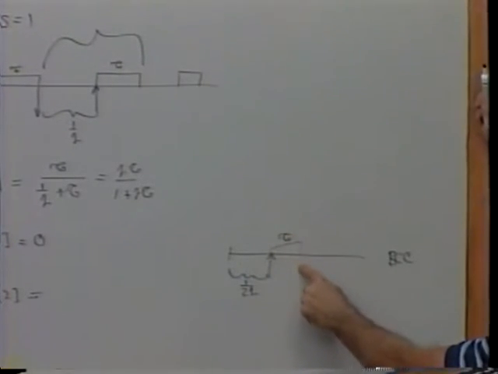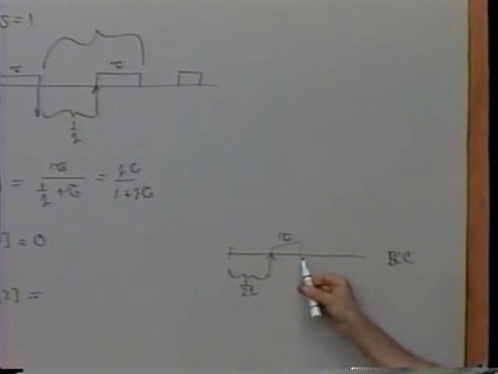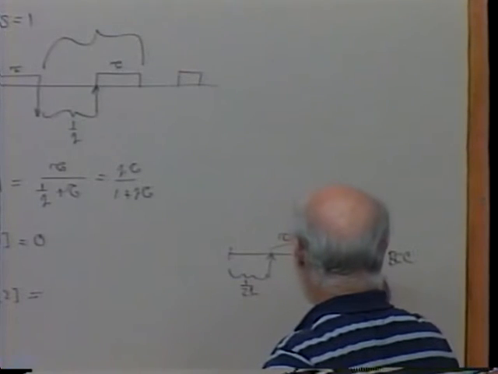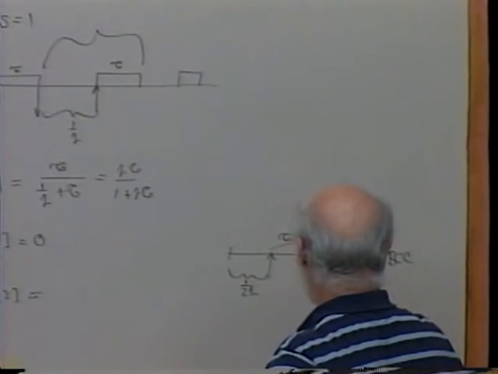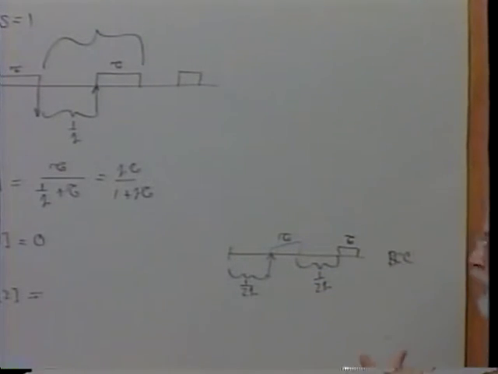He would be blocked. But eventually, when the server becomes idle again, both subscribers are now eligible to make a request for service, and the average time it would take until one of them does is again 1 over 2 gamma, and so on. So you again get the same pattern repeating itself.